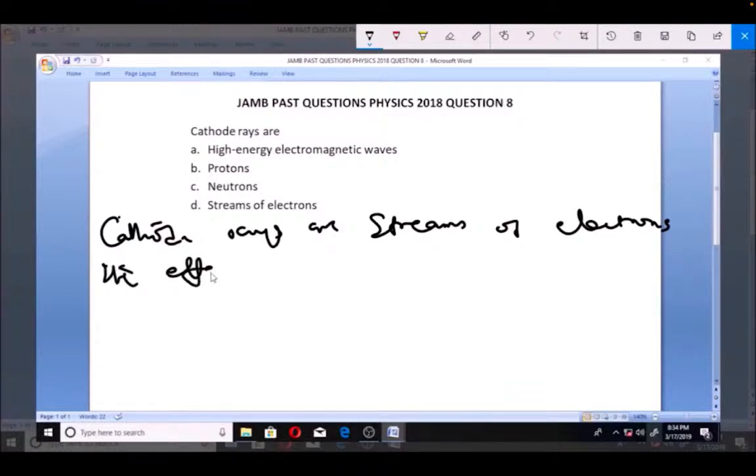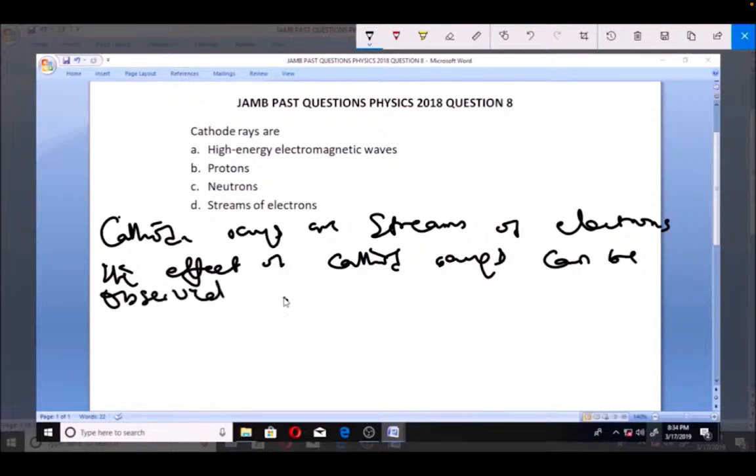The effects of cathode rays can be observed using what we call a cathode ray tube.